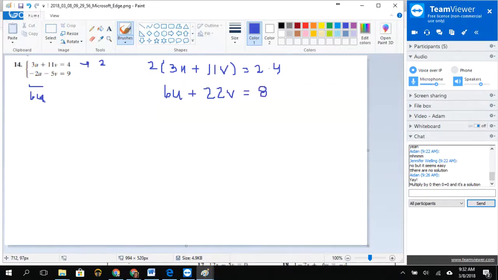Okay. My second equation, in order to have a coefficient of 6, I need to multiply by 3. So I'm going to do 3 times negative 2u minus 5v equals 3 times 9. So if I simplify, I get negative 6u minus 15v equals 27.